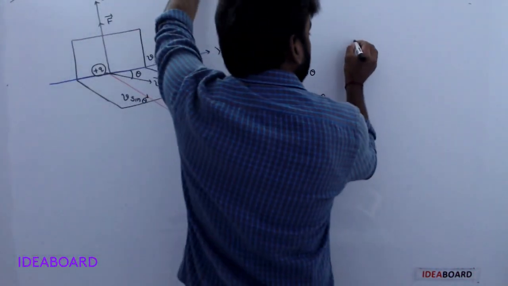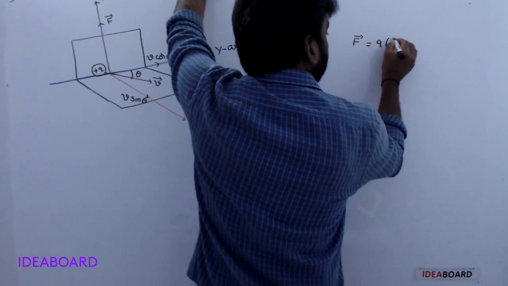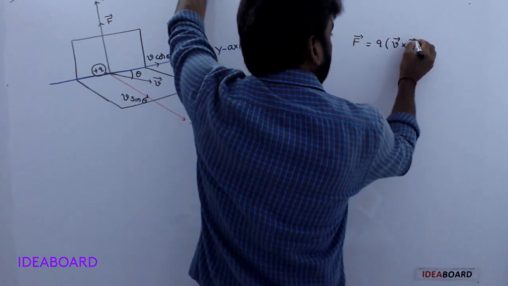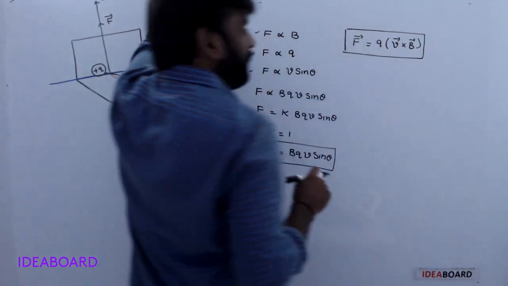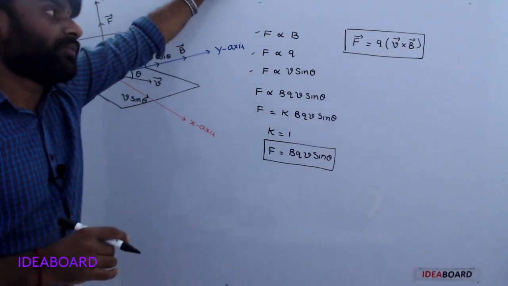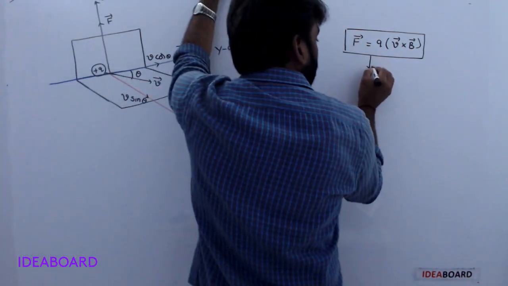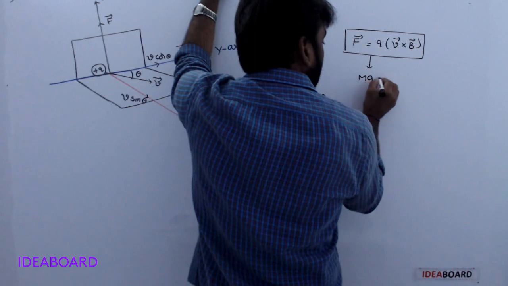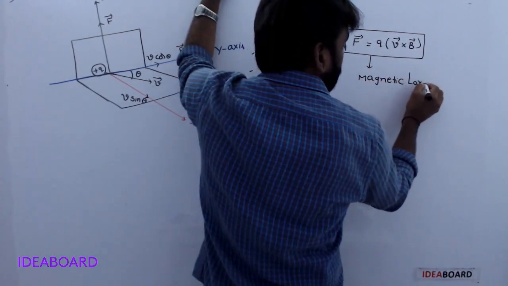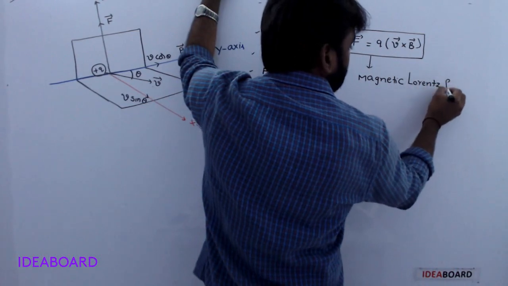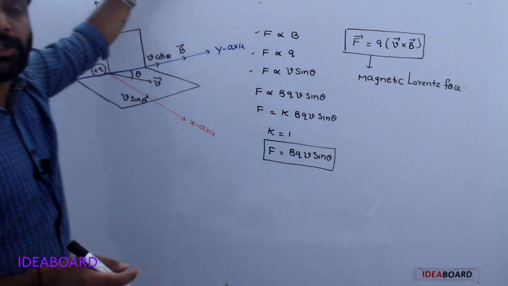Its vector notation is F bar equal to q into v bar cross B bar. This force is called the magnetic Lorentz force. Understood?